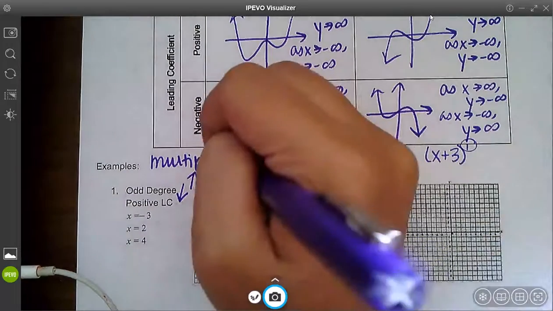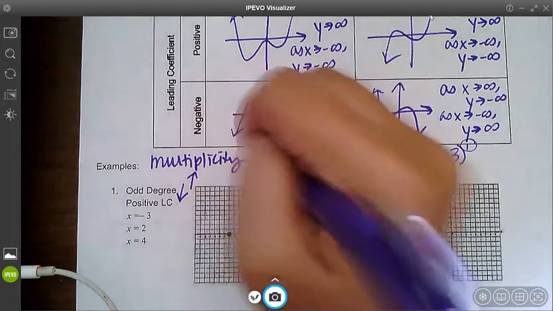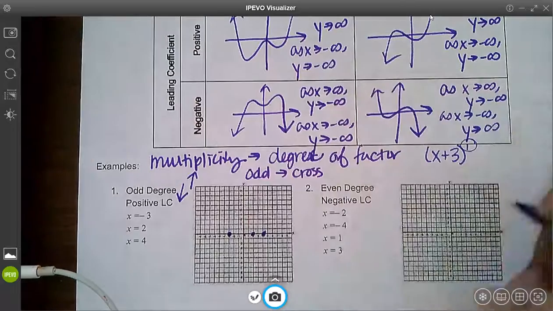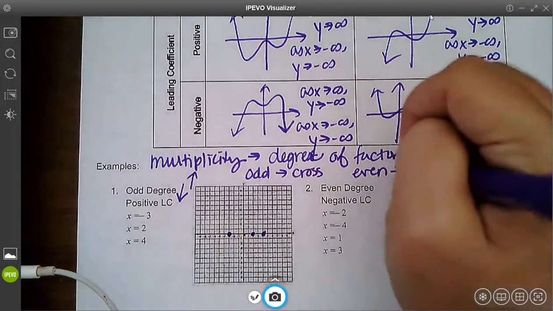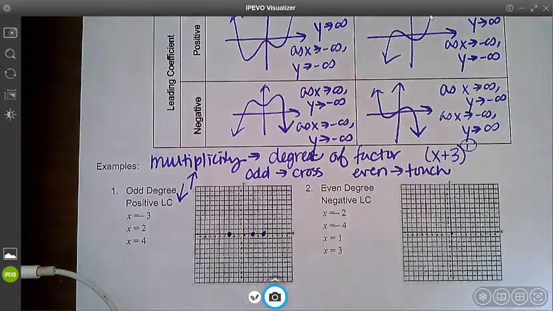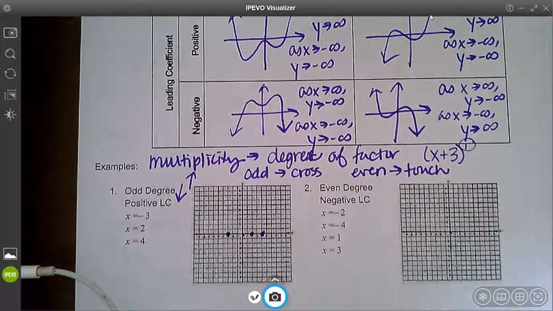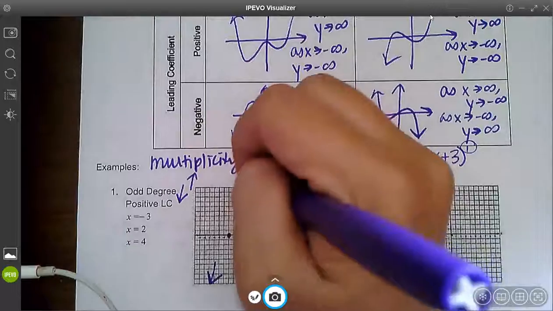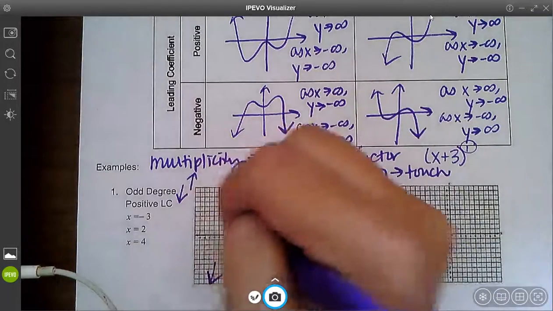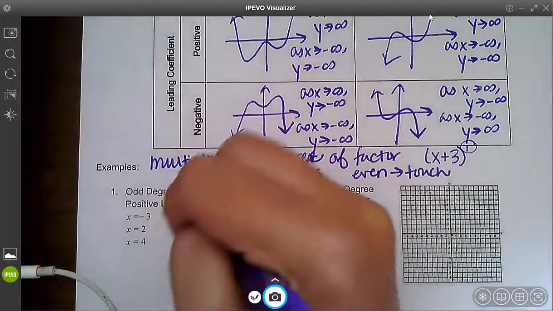When it's an odd multiplicity, it is going to cross through the x-axis. If it's an even multiplicity, then it is going to just touch the x-axis. It'll be a maximum or minimum value at that point. So here we have down on the left, up on the right. We're crossing through here.